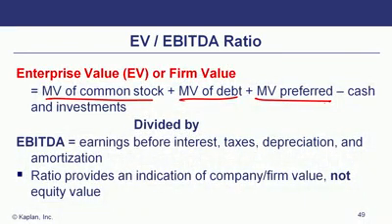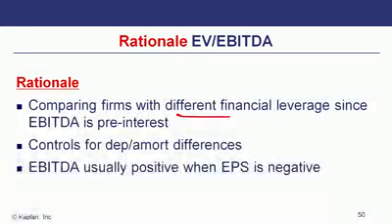EBITDA, we covered this before, but just to review, earnings before interest, taxes, depreciation, and amortization, provides the value of the entire firm, and not just the equity, because it's both debt and equity, being before interest. So why would we use enterprise value to EBITDA? Comparing firms with different financial leverage, since EBITDA is pre-interest, right?